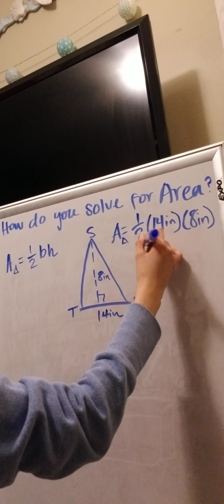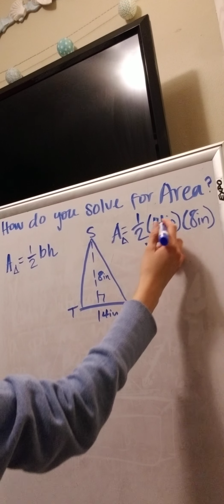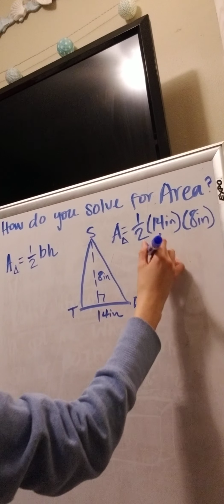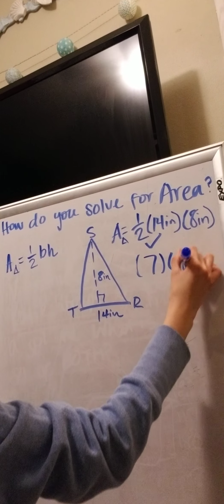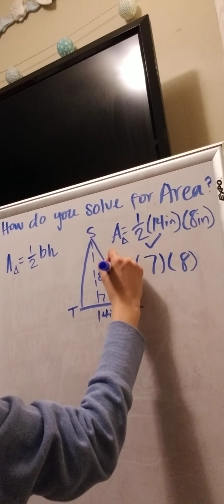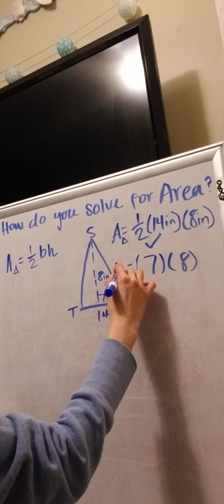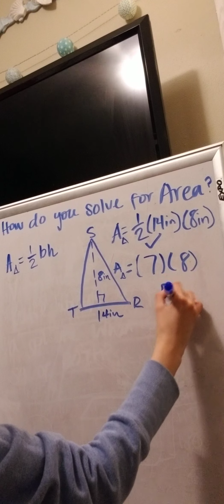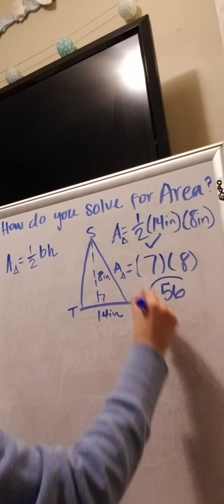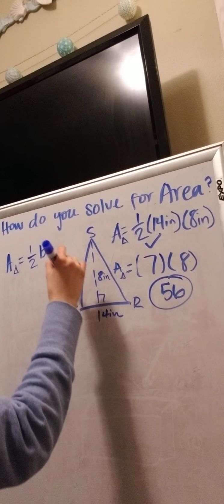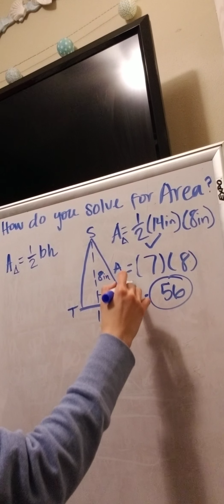So I'm going to just solve these. 1/2 of 14 is 7. So that will be 7 times 8 is our area. 7 times 8 would be 56. So the area of triangle SRT is going to be 56.